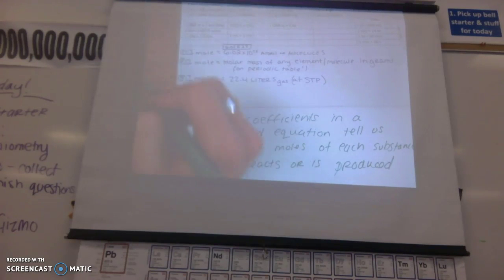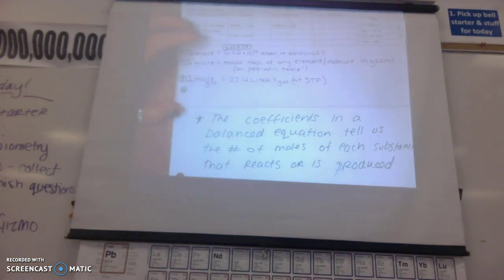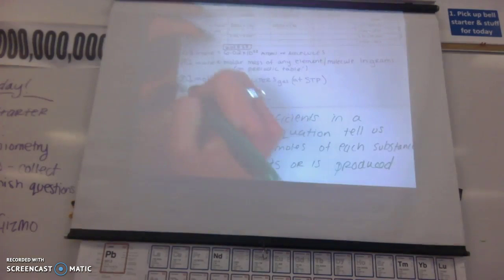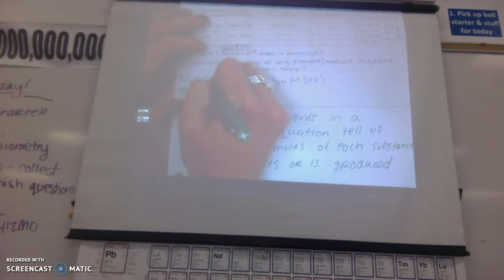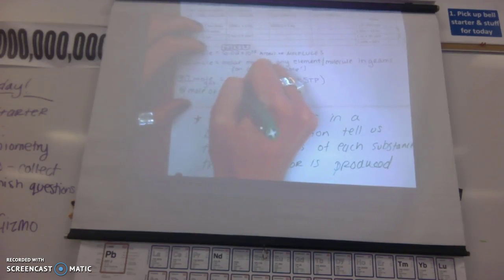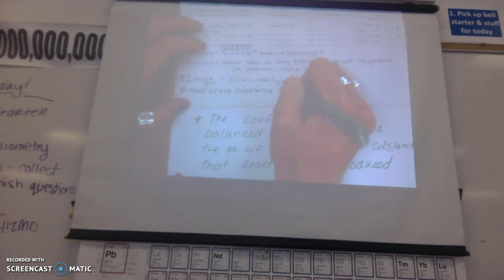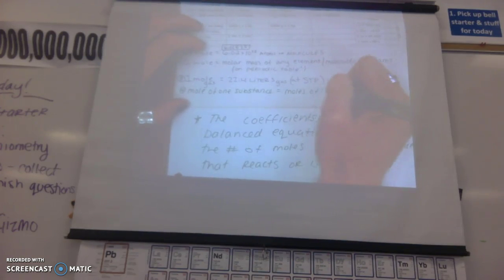Our fourth and final one is going to be moles of one substance equals moles of another substance.